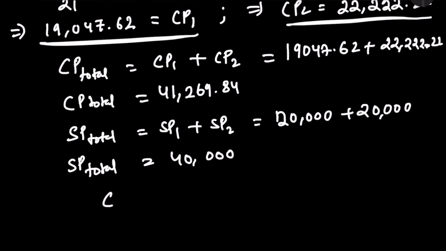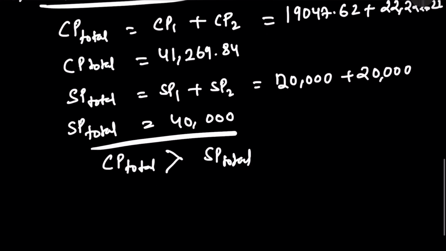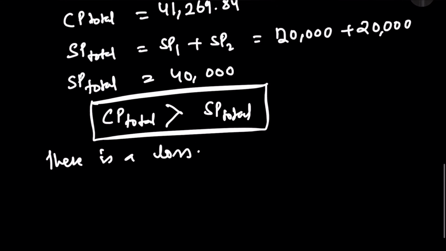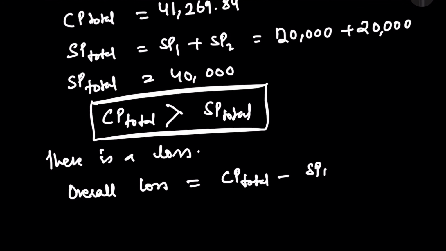So this means that CP total is greater than SP total. So there is a loss. So the overall loss is equal to CP total minus SP total, which is equal to 41269.84 minus 40000.